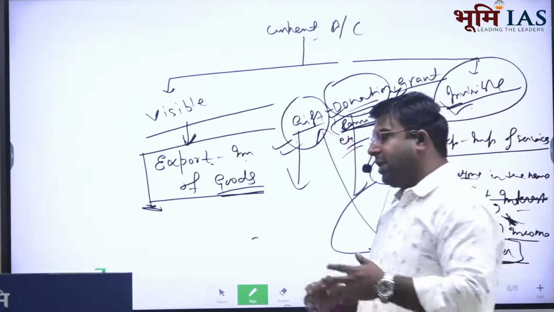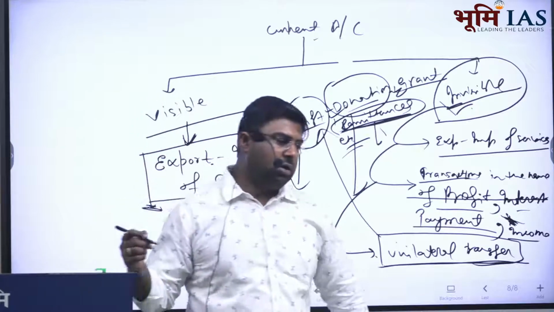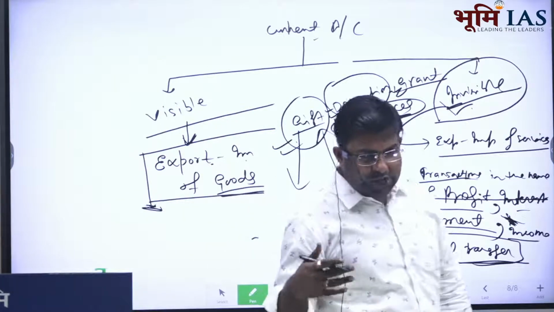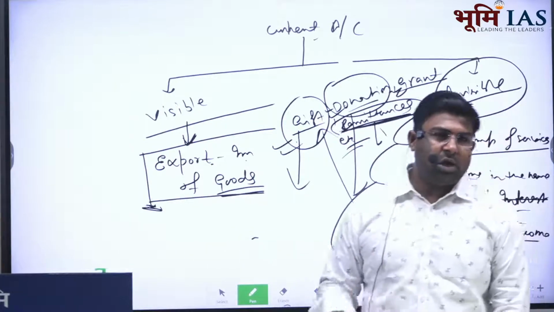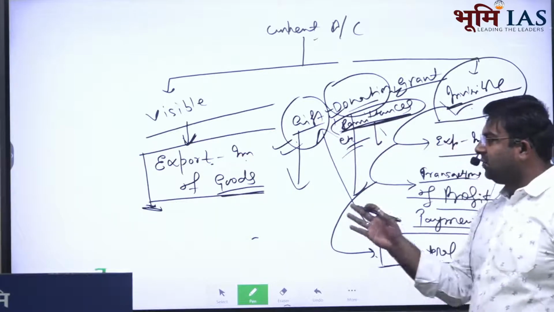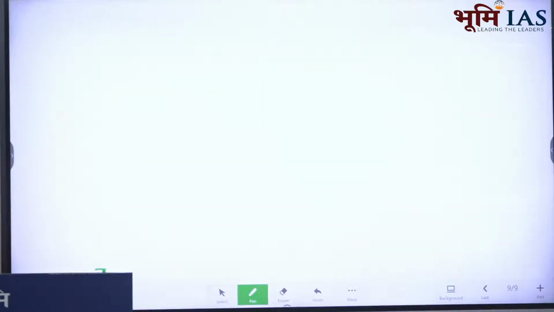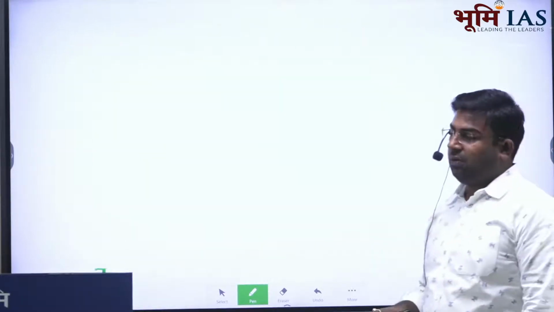Just go home and practice, explore a few types of transactions from your own thinking and try to fit each transaction in either of these two accounts. So this is the structure of balance of payment in context of the approach adopted by RBI.